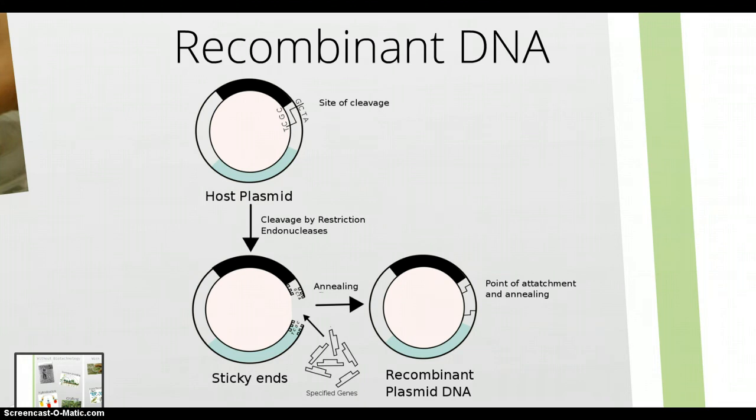So we want to take the Bt toxin gene out of the Bacillus thuringiensis bacteria, and we want to get it into the plant. So we're going to use enzymes to cut the plasmid, cut out the gene, and then insert the gene into a different bacteria.